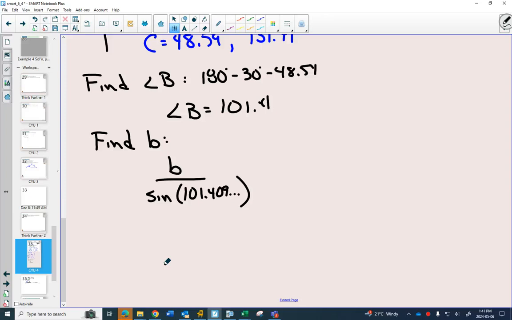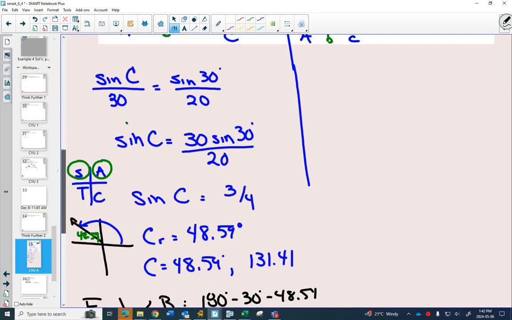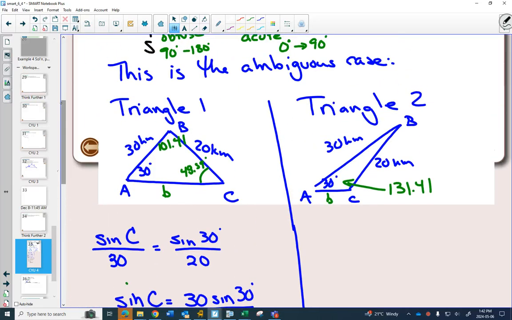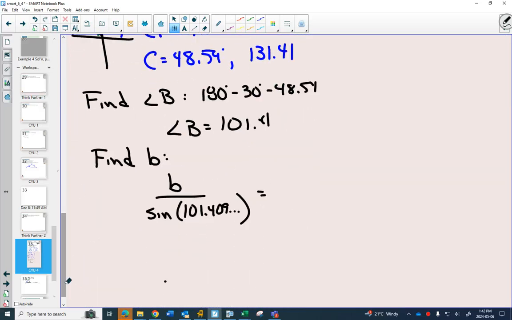I'm keeping all of my decimal places all the way through. It's going to equal, and I could either use the 30 kilometers and the 48.59, or I could use the 30 degrees and the 20 kilometers. Personally, in this situation, I would use the one that was given to me originally, because chances are it's not wrong.